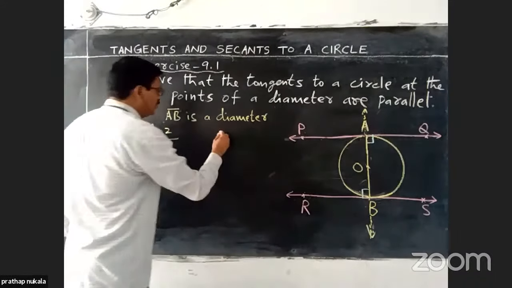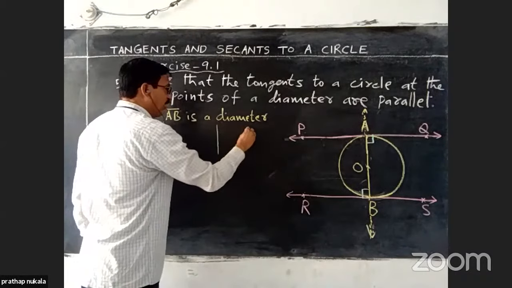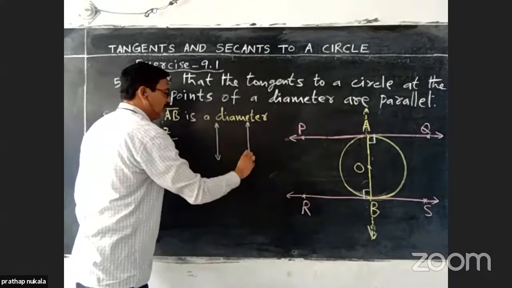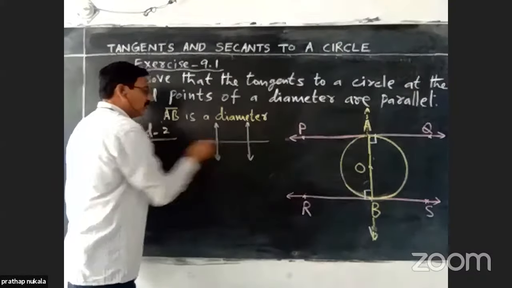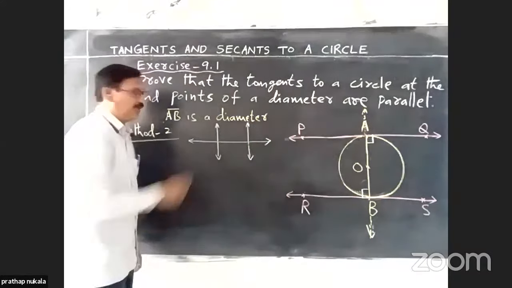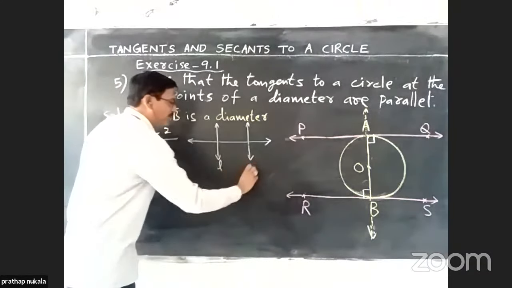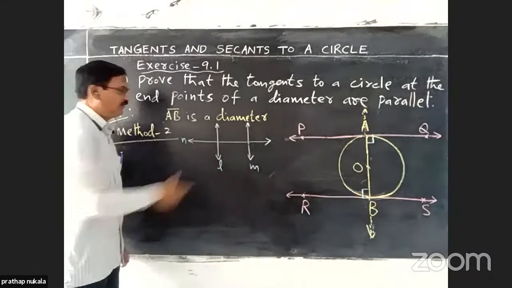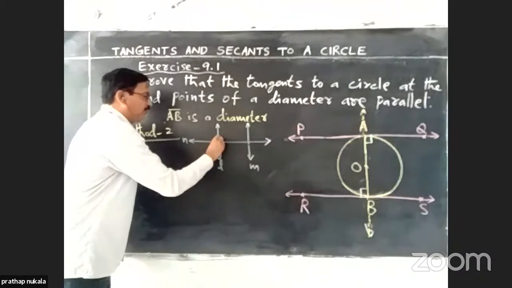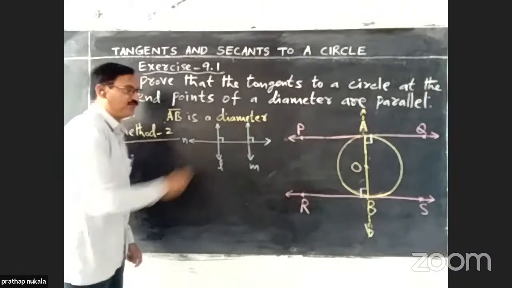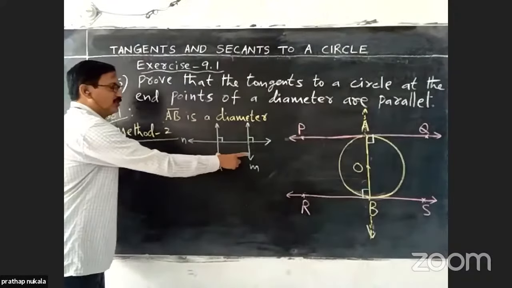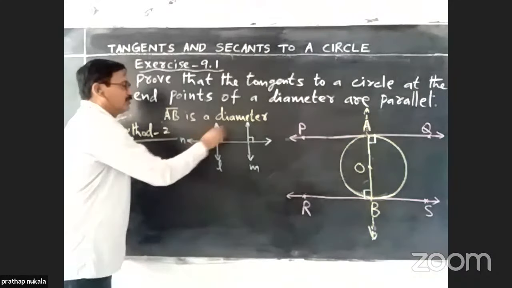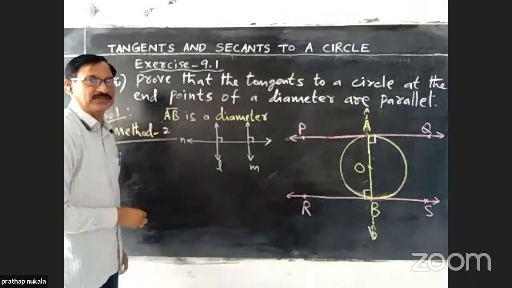For example, these are the two lines. Given two lines L, M, perpendicular to the same line N. If these two angles are 90 degrees, that means these two given lines are perpendicular to the same line N. Then the given two lines must be parallel.